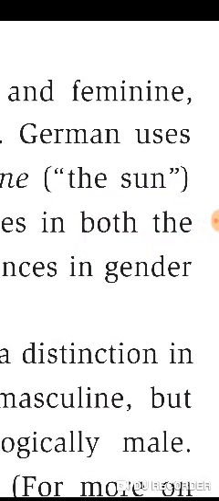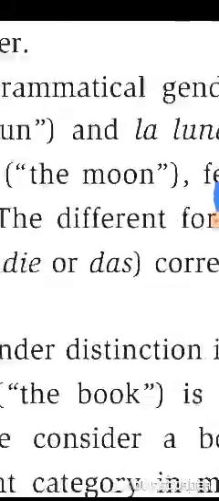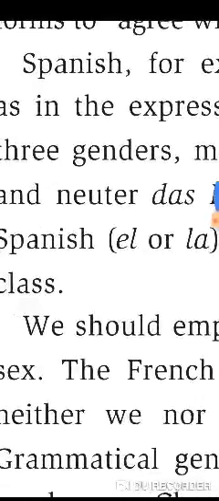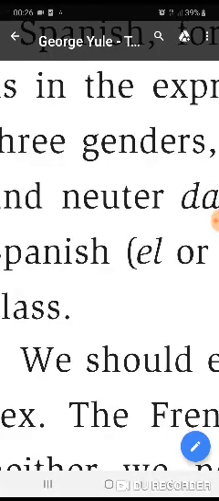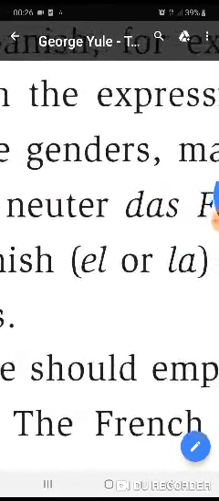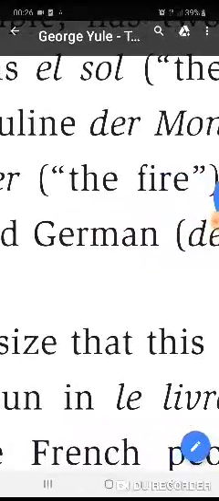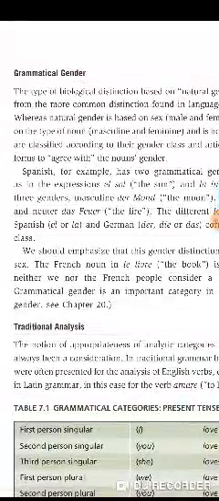So far it is like Arabic and like Spanish. What is the third? The third one is the neuter, neither man nor woman. Das Feuer means the fire. So German is a language with three grammatical genders.